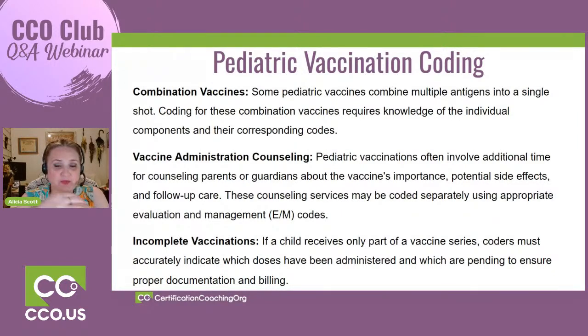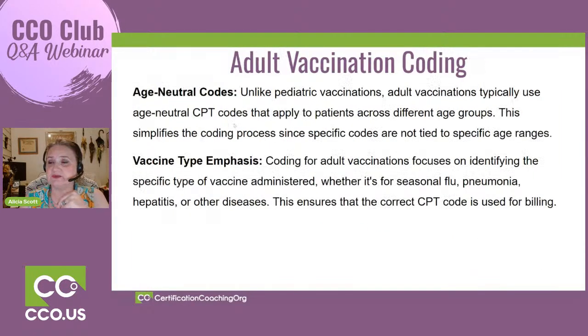And just be very mindful that when you go in and you read the encounters, that you're on top of incomplete vaccinations and the counseling services that go along with that, as well as combination vaccines that are given to these children. For adult vaccinations, honestly, it's a lot easier with adults.